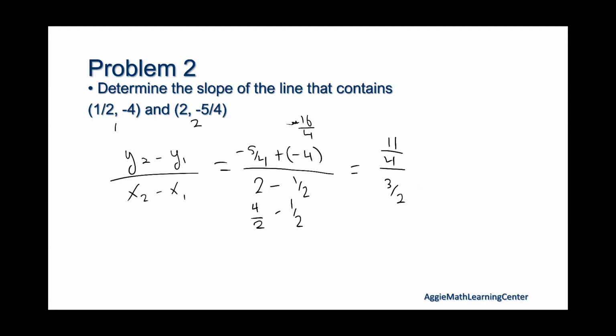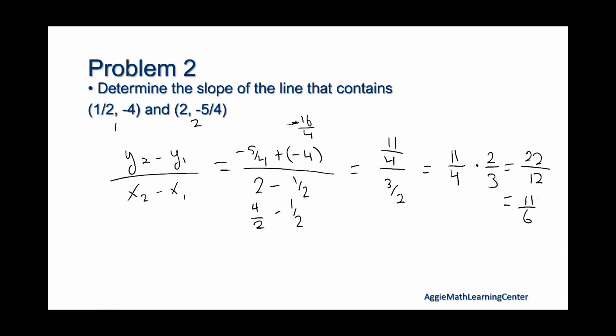And then if we go all the way back to the beginning of the semester, if we have a fraction being divided by another fraction, that's just multiplying by the reciprocal. If we do that, we end up with 22 over 12, which can be simplified to 11 over 6. Okay, did you get that?